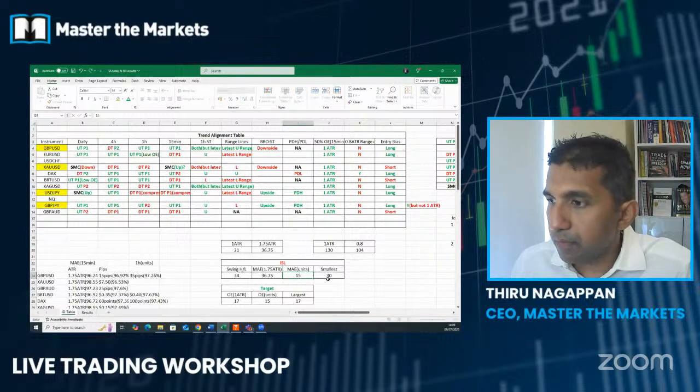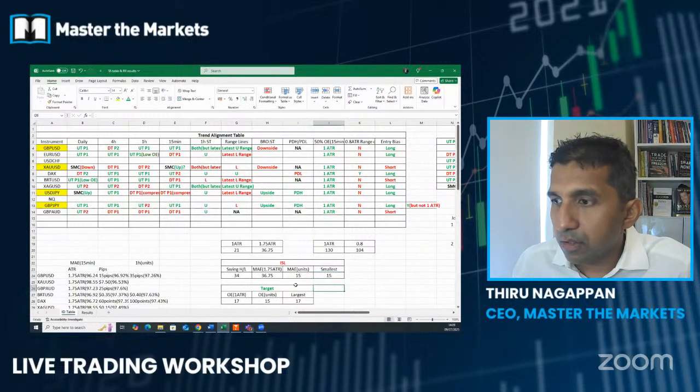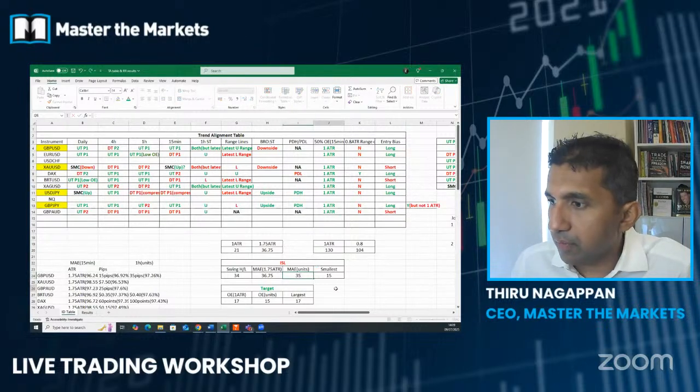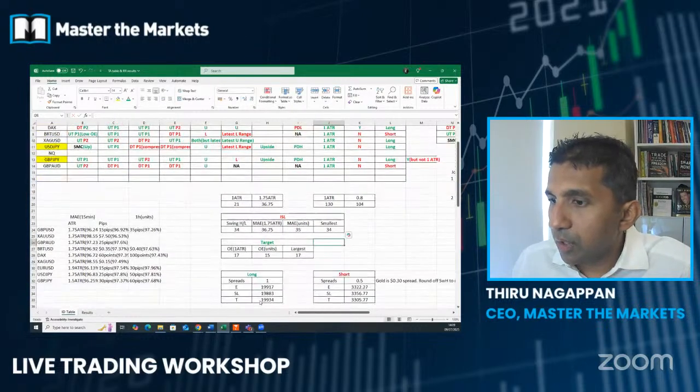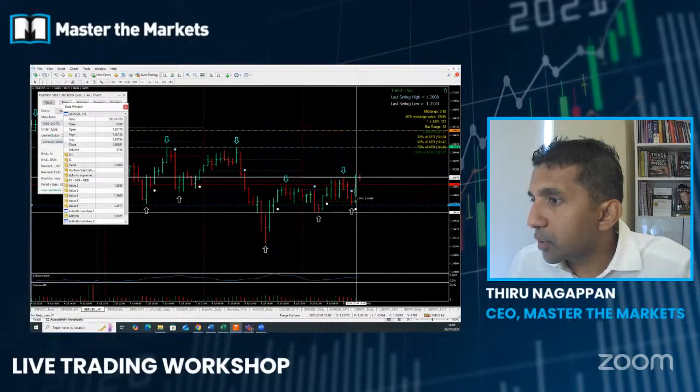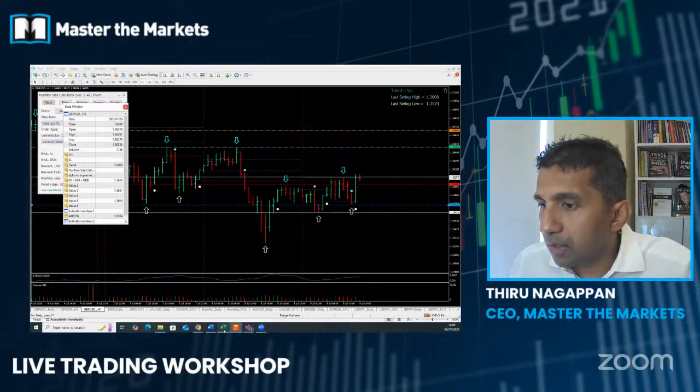So that's 15. No, that's on the 1 hour I need, so that's 35. Good, so it looks like swing high and low is going to be the lowest one here.